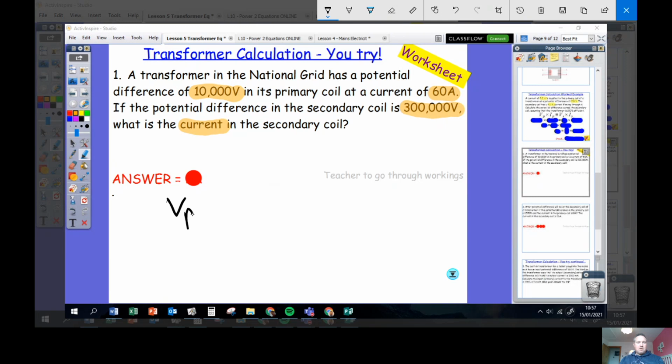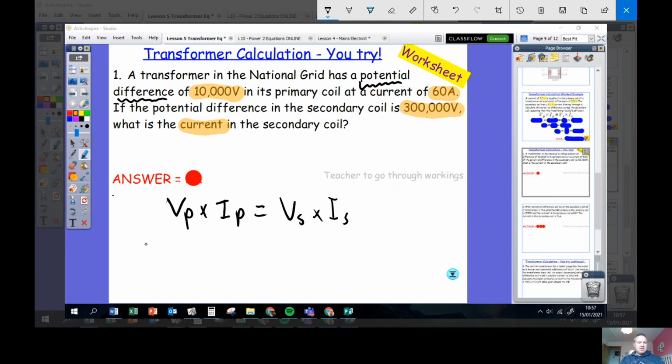So primary voltage times primary current equals secondary voltage times secondary current. Now, first of all, they're using the word potential difference here instead of voltage. That's fine. So I'm going to fill in the numbers I know here.